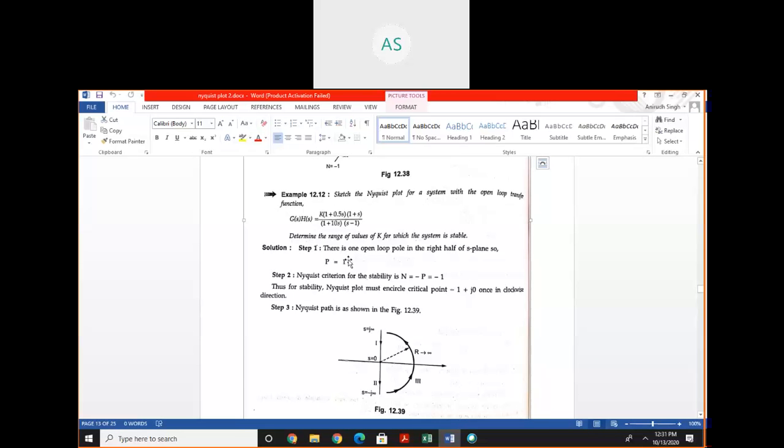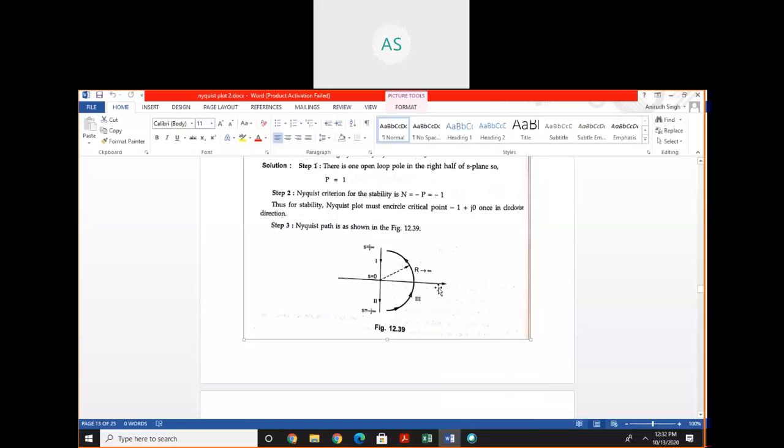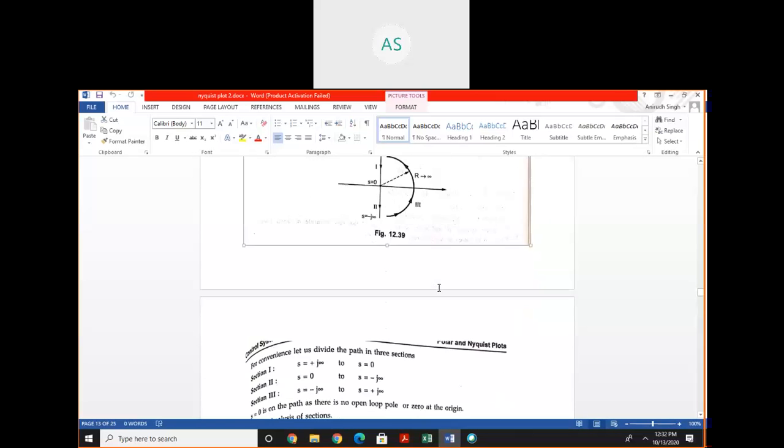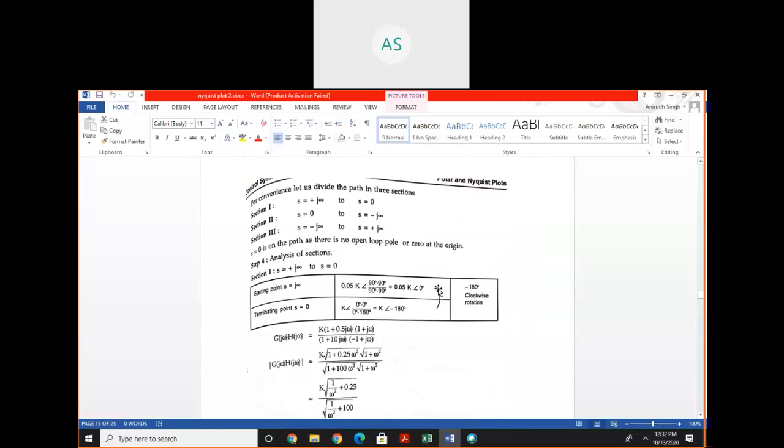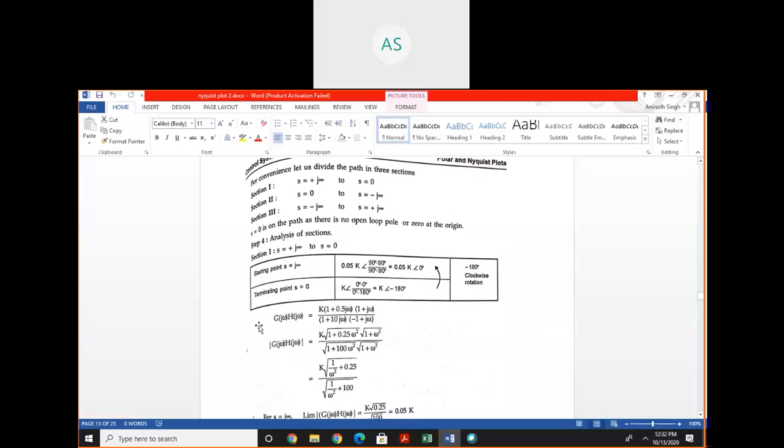Next question: sketch the Nyquist plot for a system with open loop transfer function G(s)H(s) given by this. In this open loop transfer function, there is one pole in the right half plane. So P is equal to 1, and the Nyquist criterion for stability is N equal to minus P, or N is equal to minus 1.